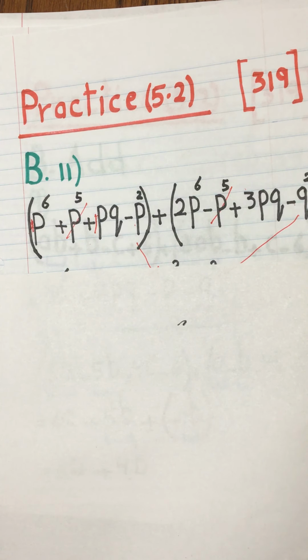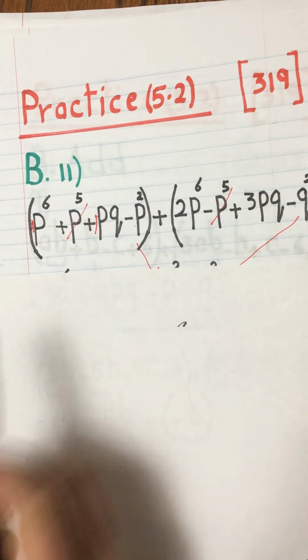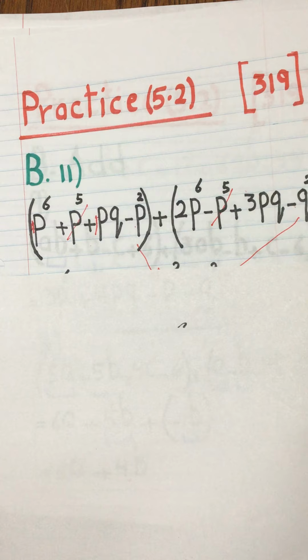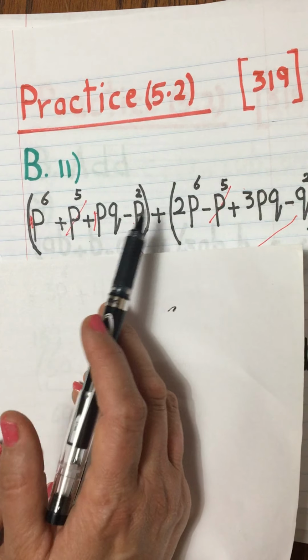Number 11. I have p squared, p to the power 6, and 2p to the power 6. I already have 1 right here, so the answer is 3p to the power 6.